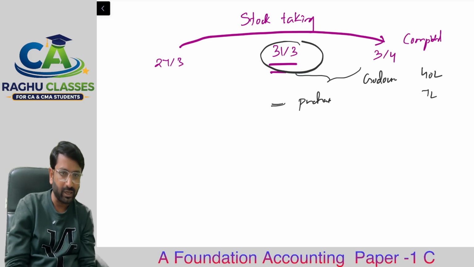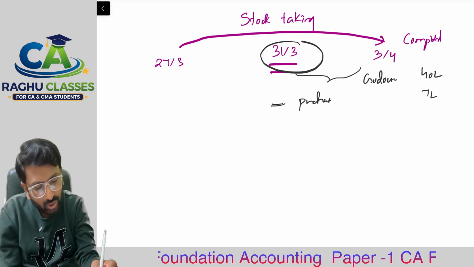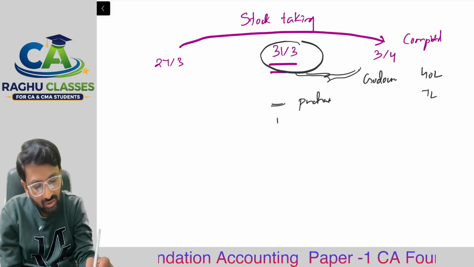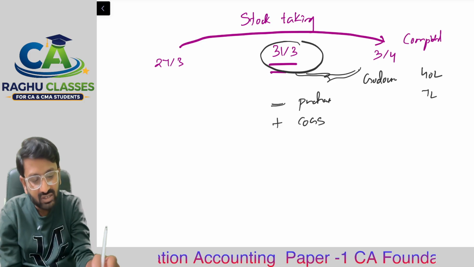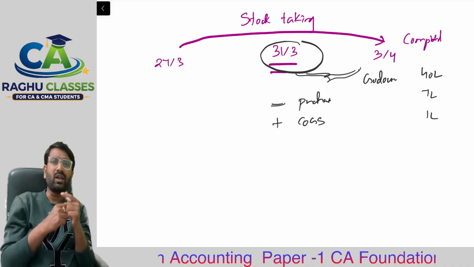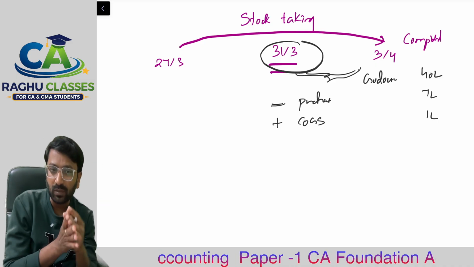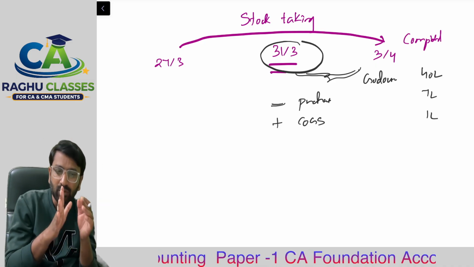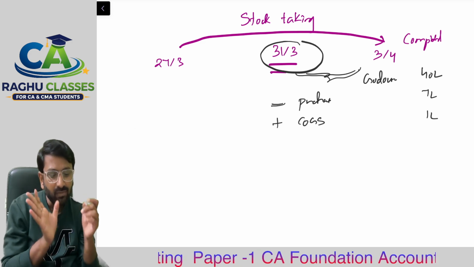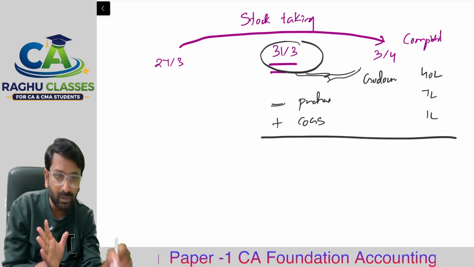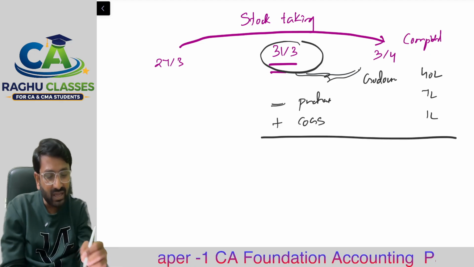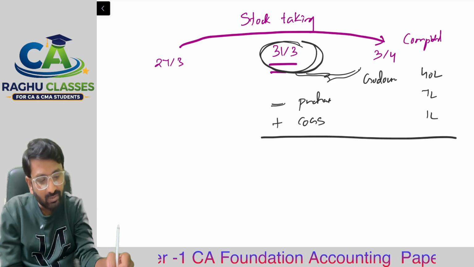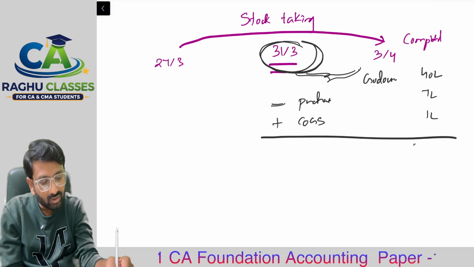I'll remove the 7 lakh. And let's say during this period, cost of the goods sold is 1 lakh. So this 1 lakh, if I had sold after 31st March, can I say as on 31st March, I'm the owner of the item? And if I'm the owner of the item, that item should come in the balance sheet. Which means as on 31st March, I'll be showing how much? 34 lakh.